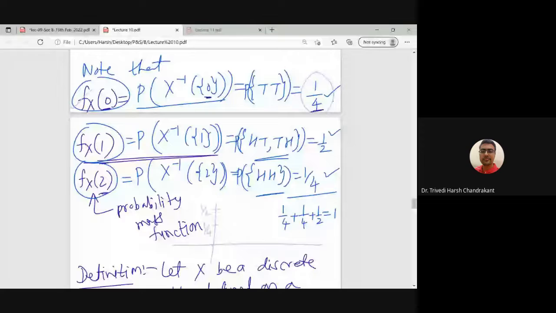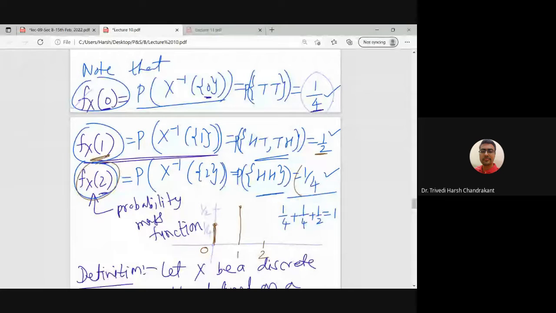Right? So let us use some other color. At 0, the value of the function is 1 by 4. At 1 and at 2, we need to find the function. So at 1, f_X is half. And again at 2, f_X of 2 is 1 by 4.